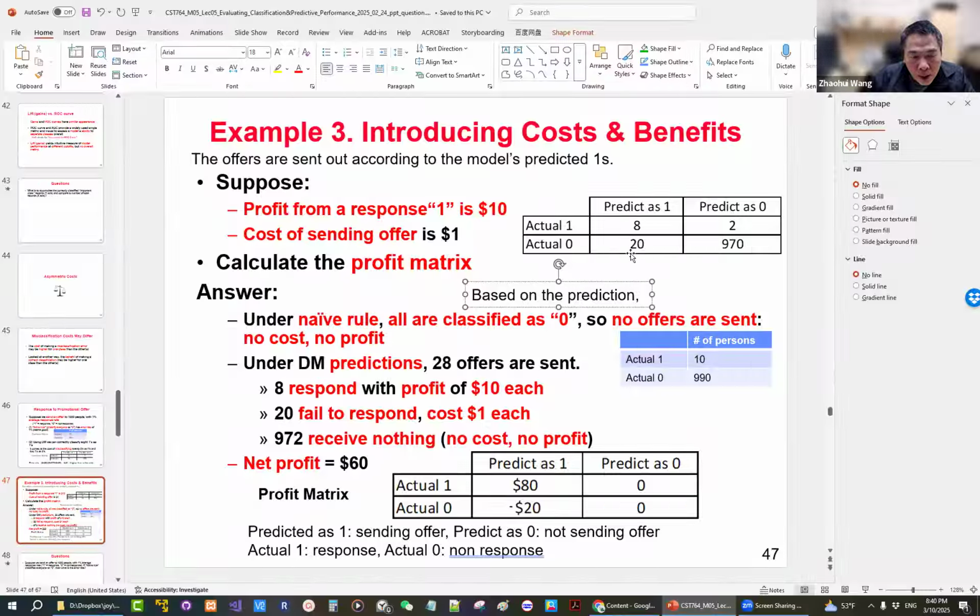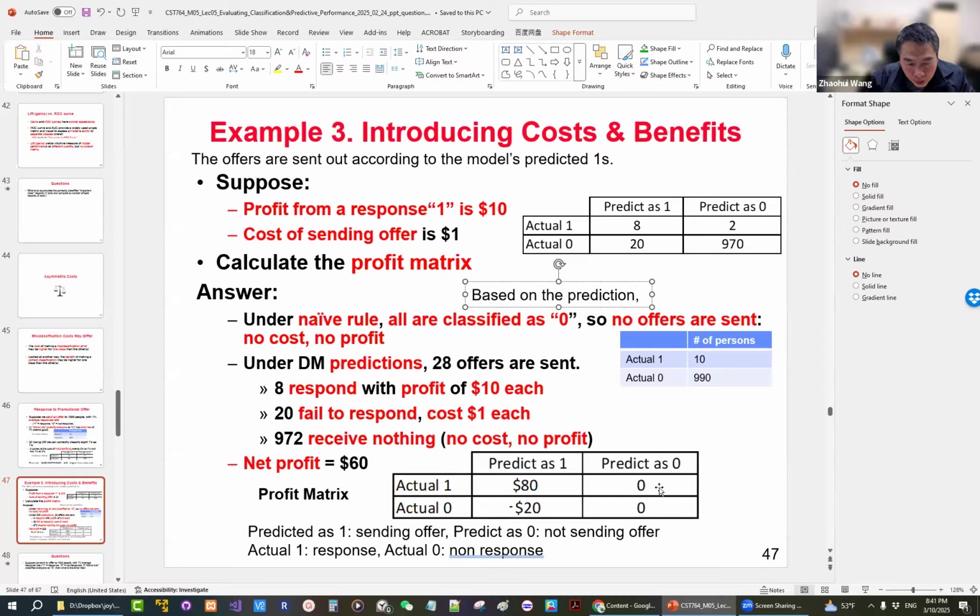For the 20 predicted to be 1, we will send out the offer to the 20 people, but they didn't respond. So this will be the cost. One person will be $1 cost, so $20 cost, because cost is a negative value.